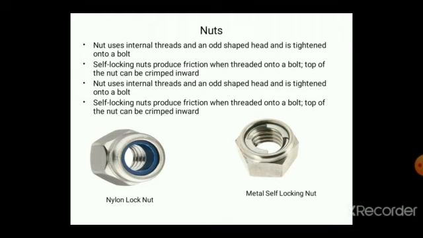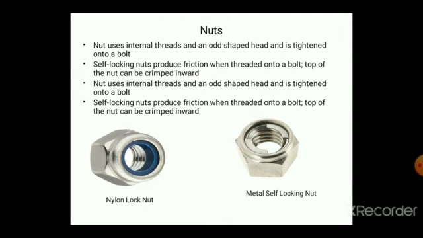In that case self locking nuts are required, because while in motion there is a chance that the nuts may come off the bolt's threaded portion. So there you require a self locking type of nut.